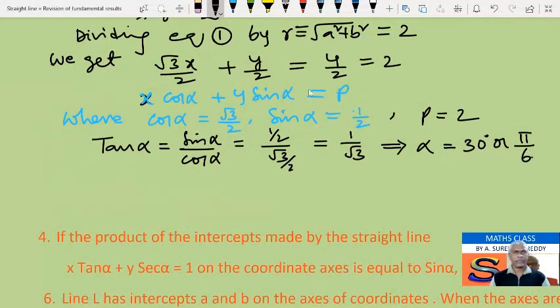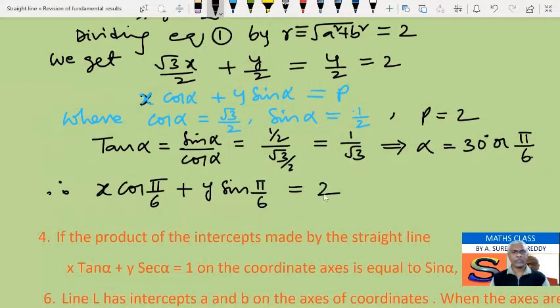Now substituting the values, the given equation in normal form is x cos pi by 6 plus y sin pi by 6 is equal to 2.